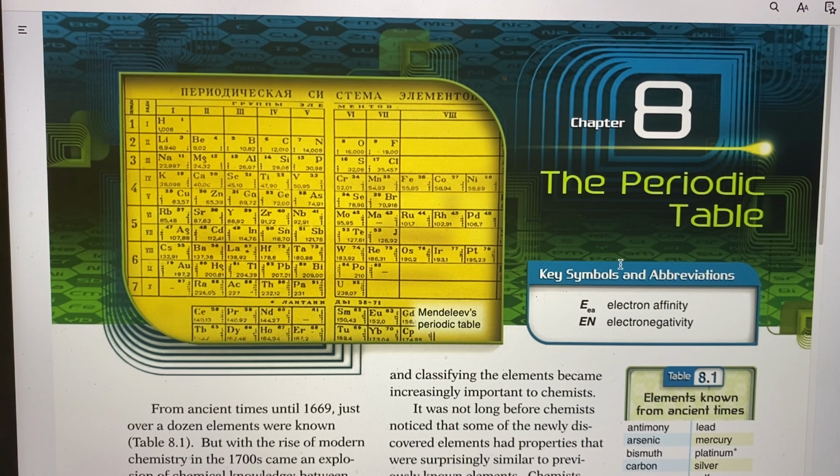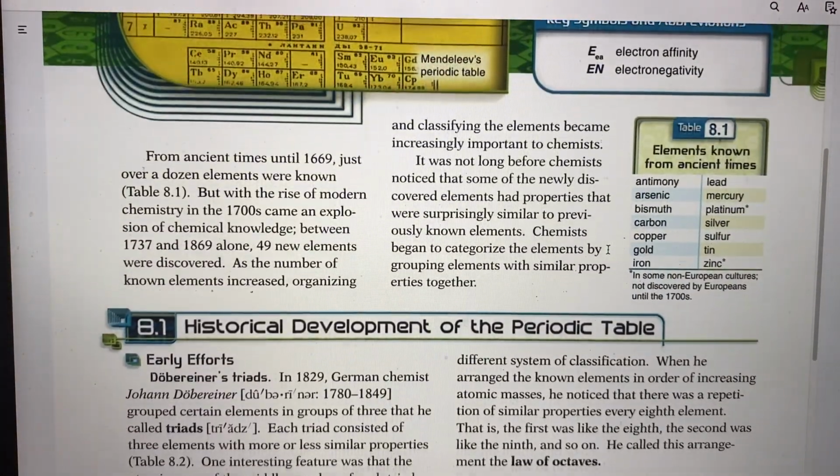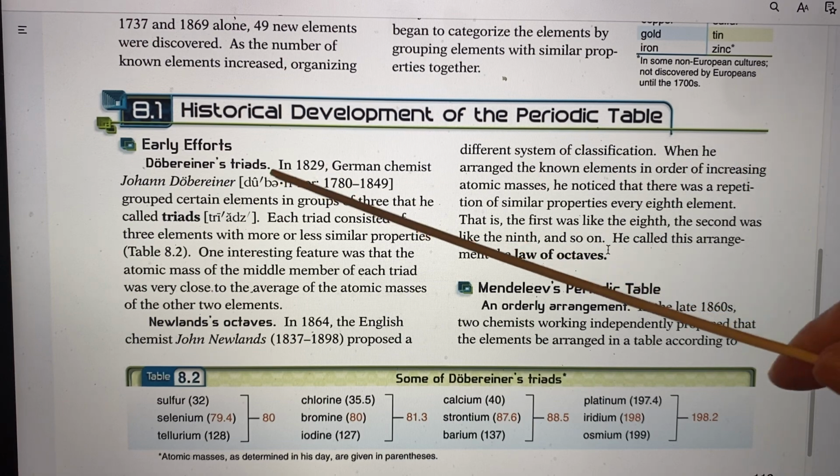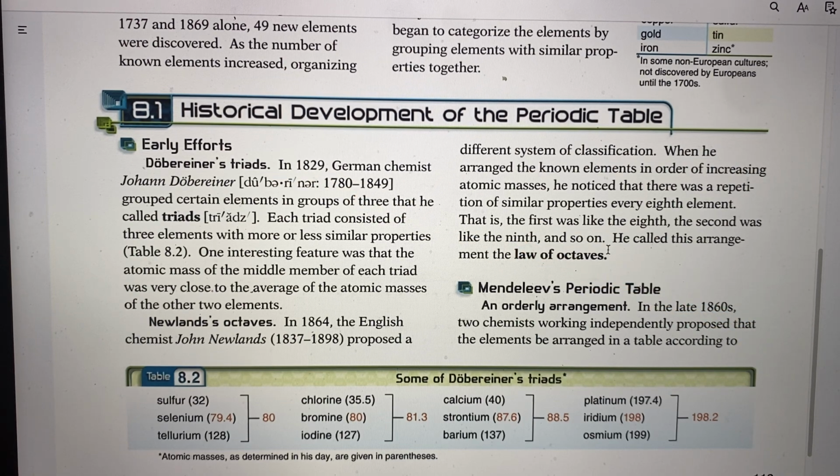The first to group them was actually a German, Johann Dobereiner, who put together these triads. He called them triads, groups of 3 elements that had similar properties.